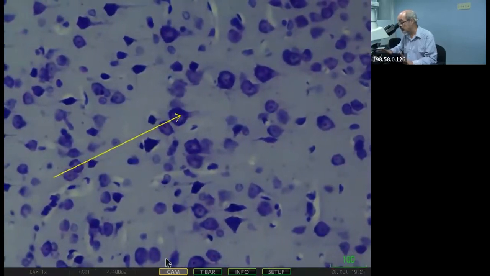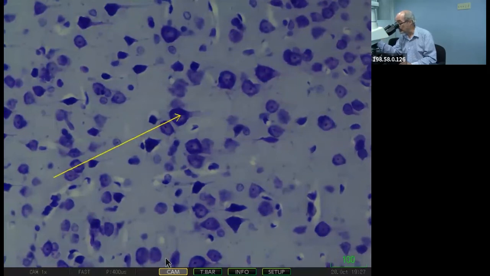And if we ask you in which organ you can find these cells, it will be the cerebral cortex.